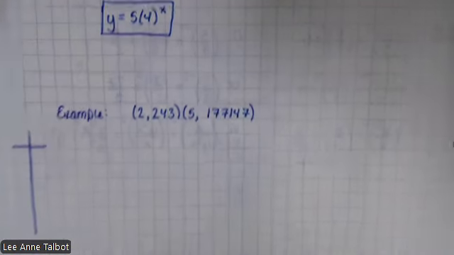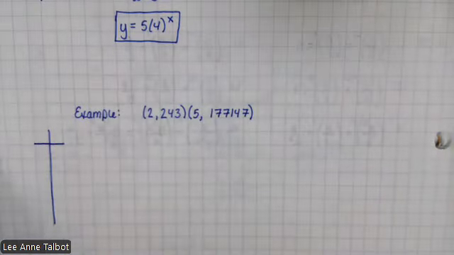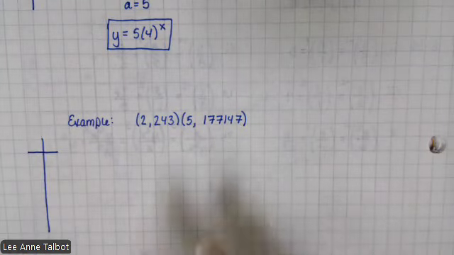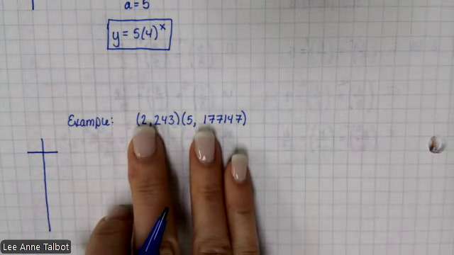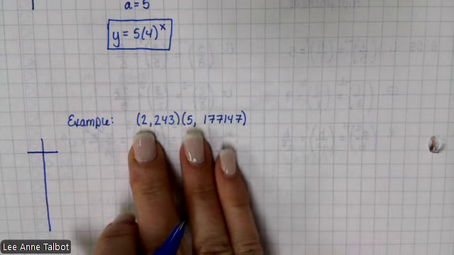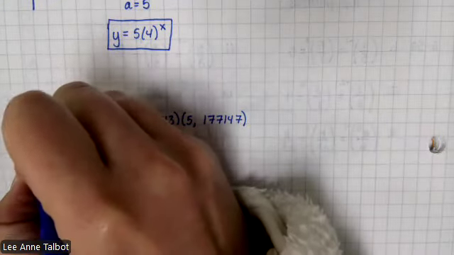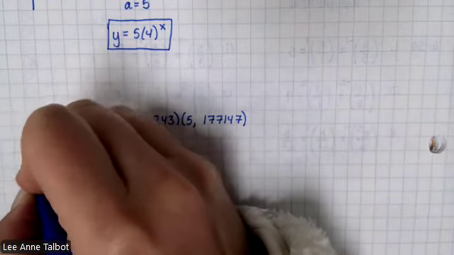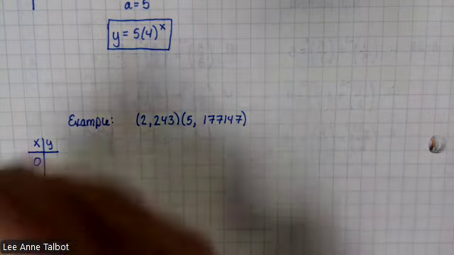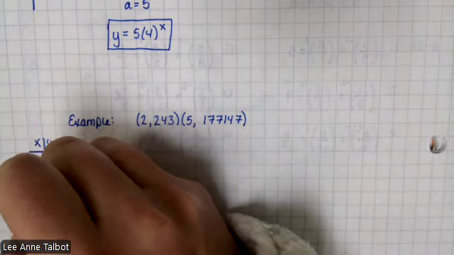Now this one has a little bit of extra spice. The reason it has extra spice is because 0 is not one of the points and it's not included in my table. I have to have a spot for 0 in my table, so I have to start it at 0.